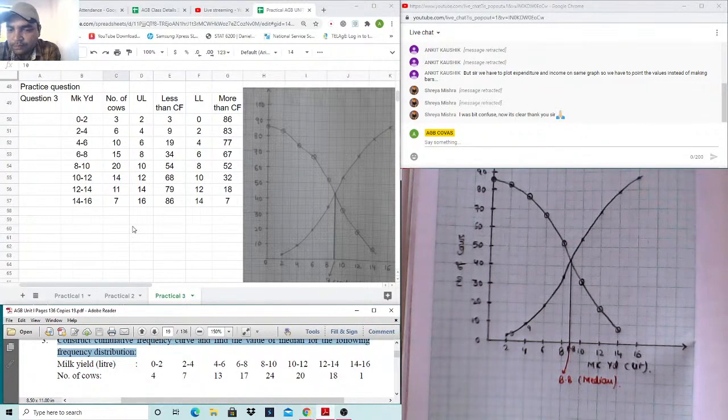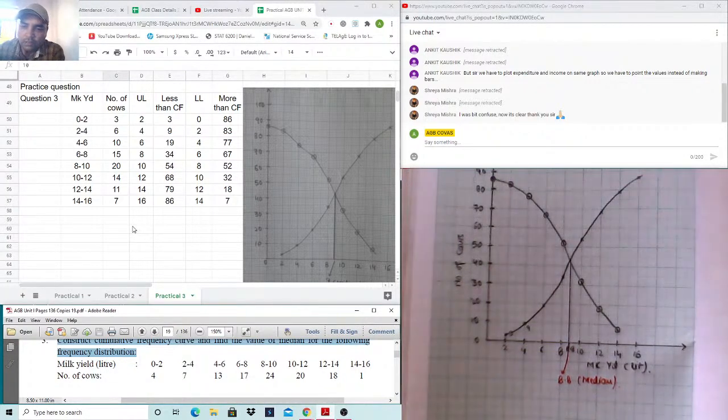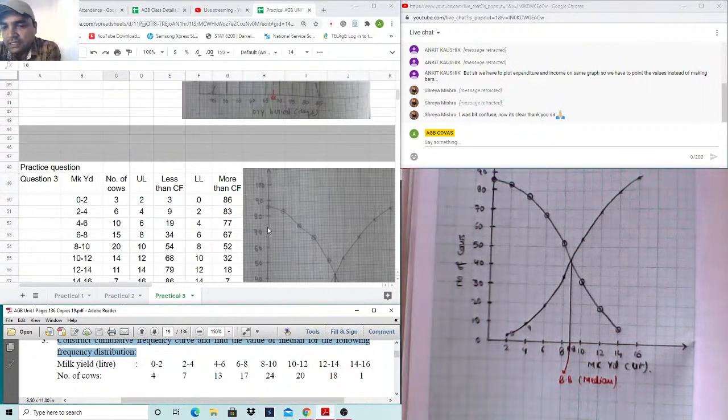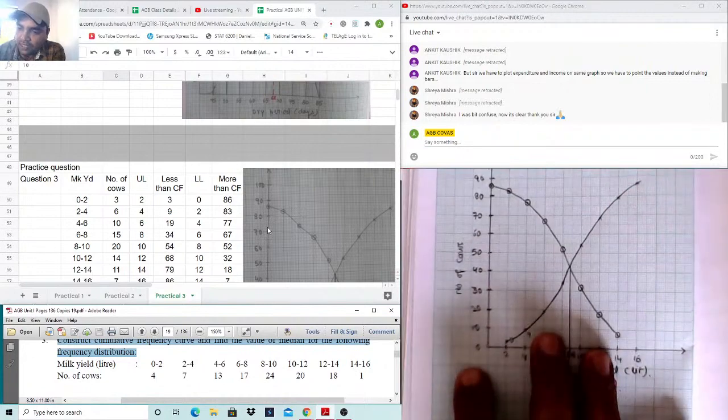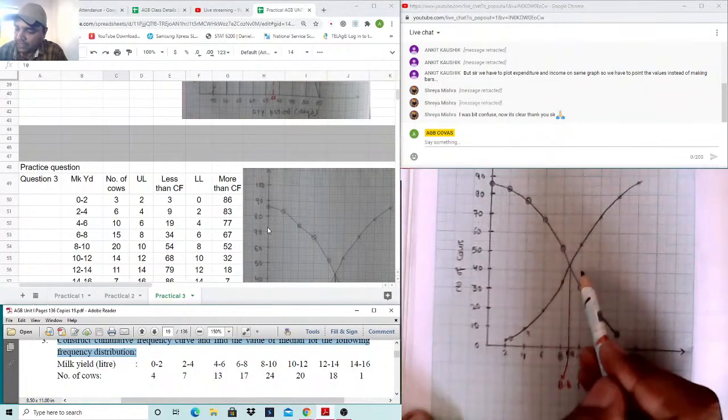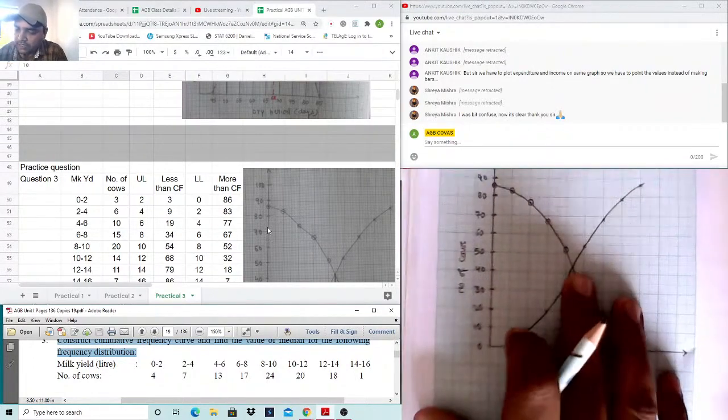So this completes your graphical presentation of data. In this graphical presentation class, we have learned about the ogive and how to calculate the median from it.